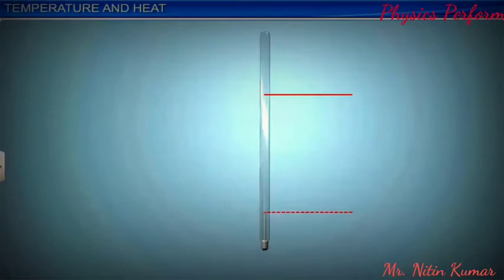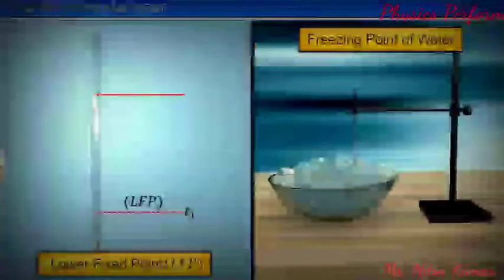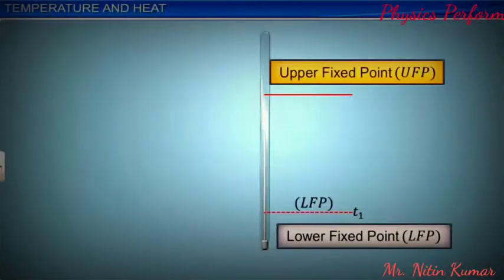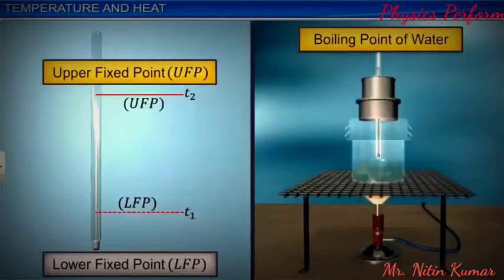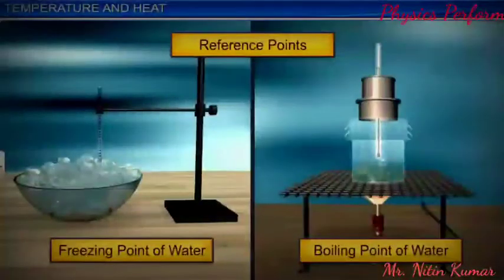Among the two reference temperatures, one is considered the lower fixed point, LFP, at T1, which is the freezing point of water or ice point, and the other one is the upper fixed point, UFP, at T2, which is the boiling point of water or steam point. These two reference points are used in many standard scales.